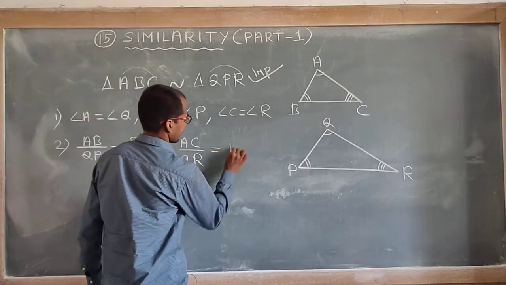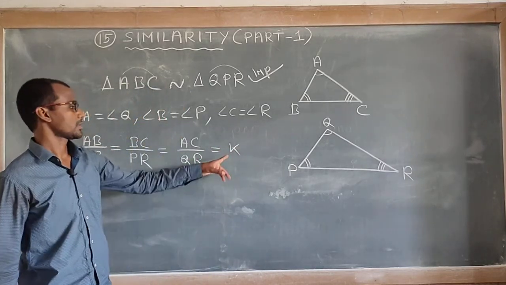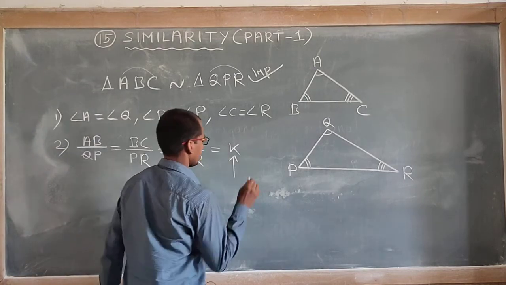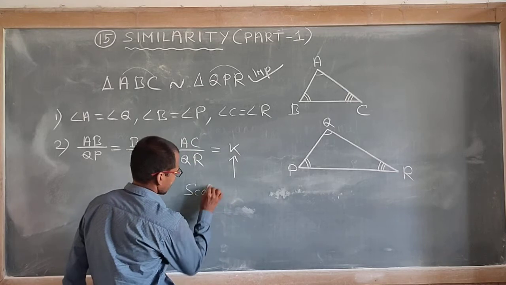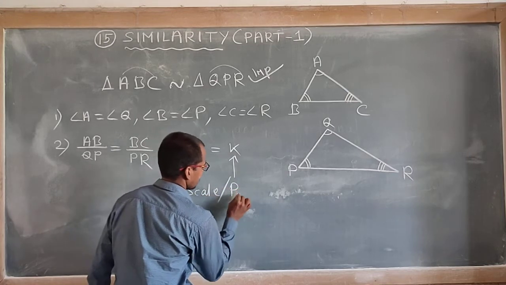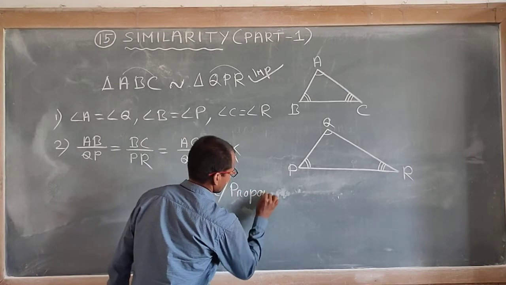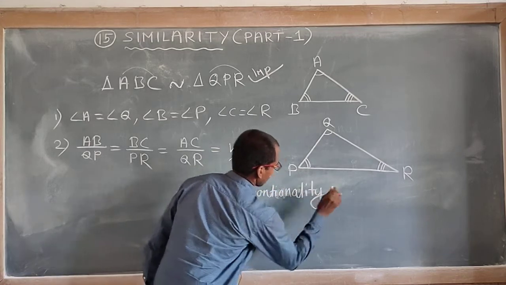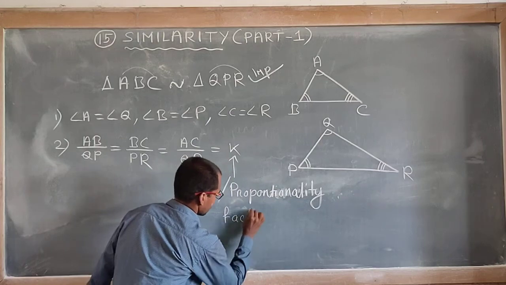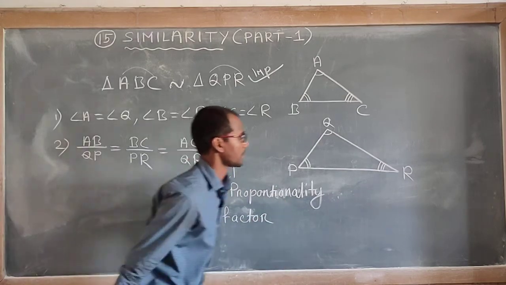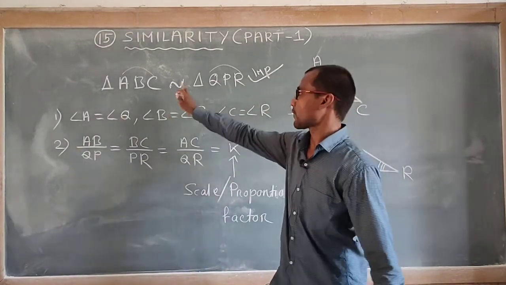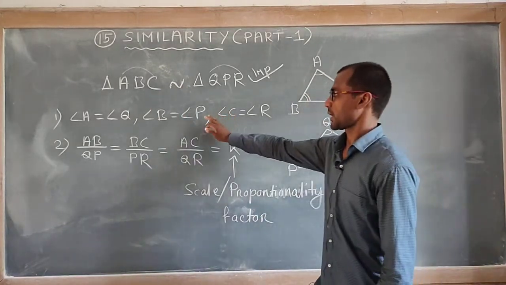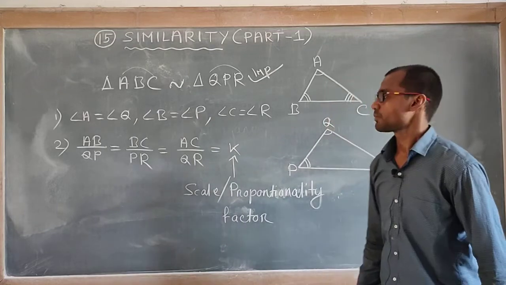This is a constant represented using the letter K, small k, which means scale or proportionality factor. So you get everything from this order. So remember, here order is very important. Corresponding angles are equal, corresponding sides are proportional.